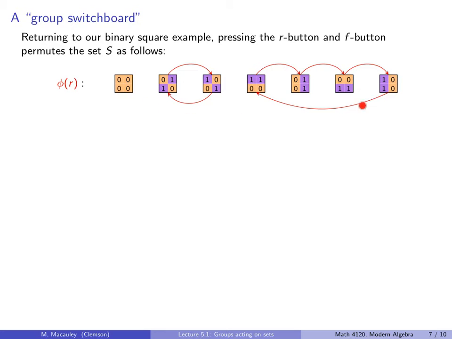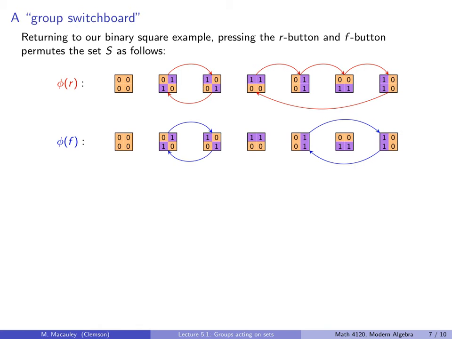This is a permutation of the set of 7 elements. Next, phi of F. When I press the F button, this element gets fixed, these two squares get swapped, this gets fixed, this is fixed, and these two are swapped like that.